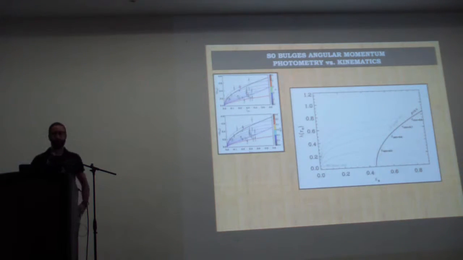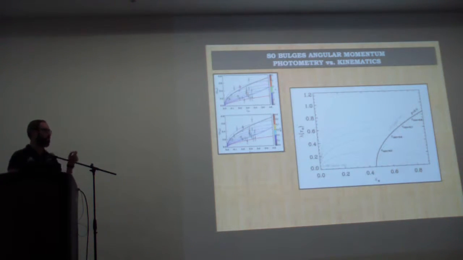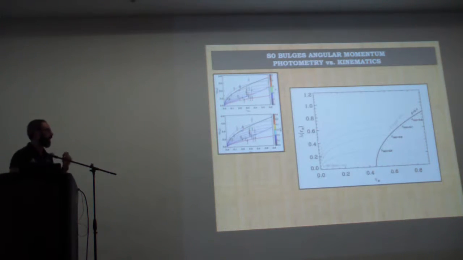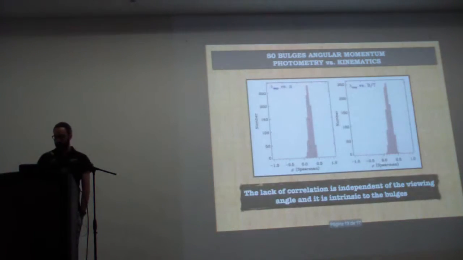So what we did is, for each particular bulge, we computed all possibilities for the anisotropy and for the intrinsic shape. We deproject our value of lambda in this statistical way, and then we look for correlations between the deprojected angular momentum and the photometric quantities, the Sérsic index and the B over T. And this is what we get out of this.